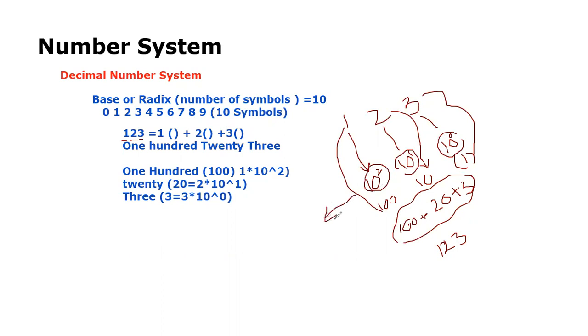Going forward, 10 power 3 is 1000, and 10 power 4 is 10,000. This is how the worth of every symbol increases from right to left, and this is true for every number system. Let's take another example of a number system.